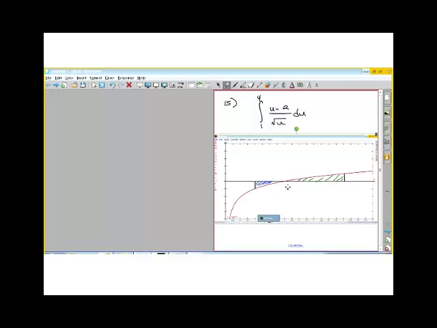Just looking at it, this area is less than that area, so we should end up with a positive number. I'm guessing it's going to be close to 1, because this area is about equal to here, and the net area is this little bit there, 1 unit wide by about 1 unit high. It's probably a little bit less than 1.